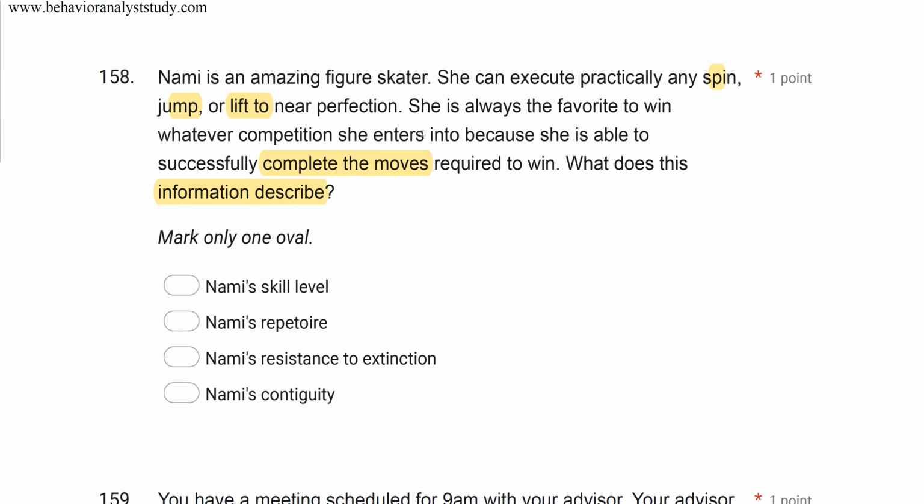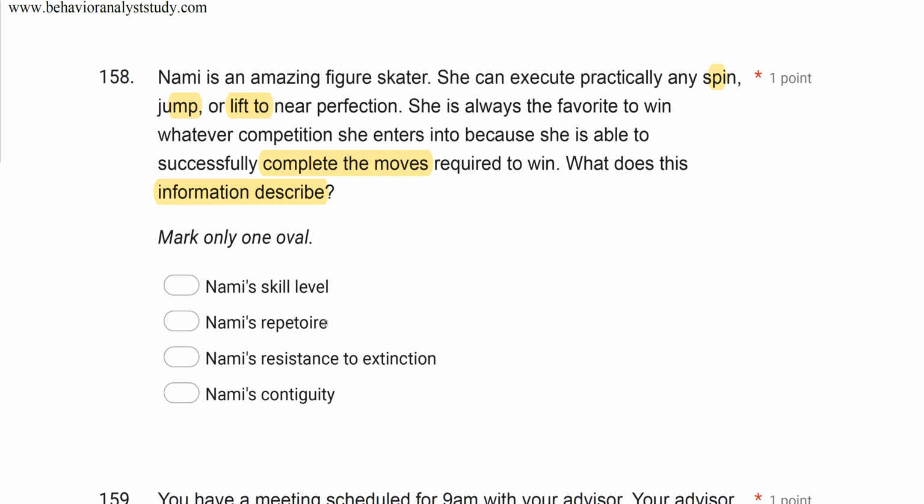Anyways, what the question is describing is all these different responses, right? And so you can complete these moves and responses required to win. So when you're talking about the set of moves, the set of responses, this bucket of responses, what word are we looking for? Well, we're looking for B, repertoire. We're describing Nami's repertoire. The repertoire is essentially the bucket of responses.